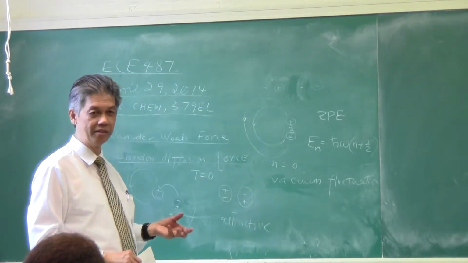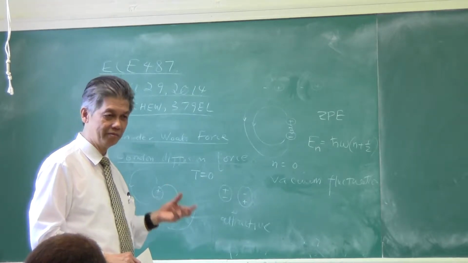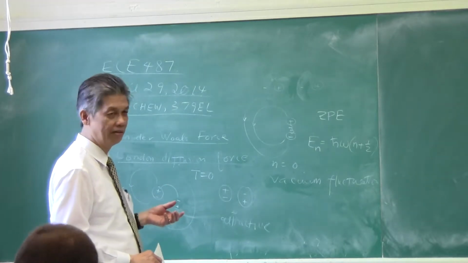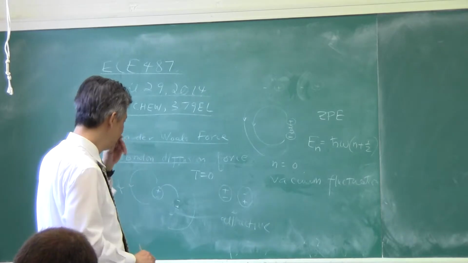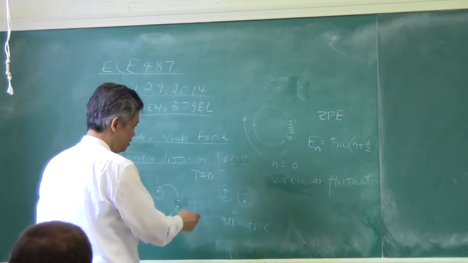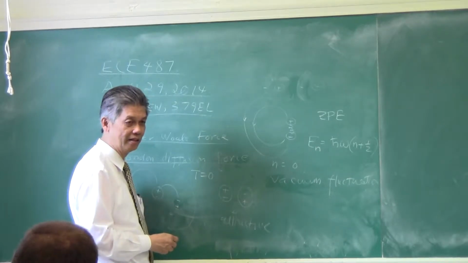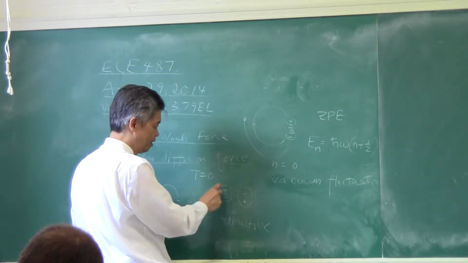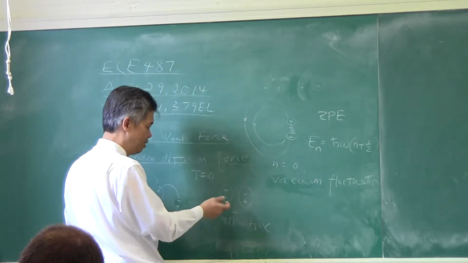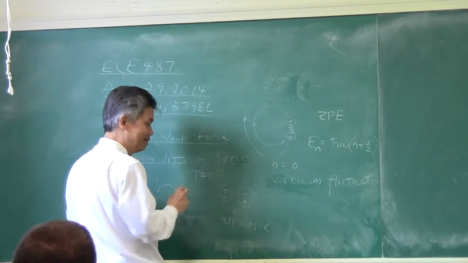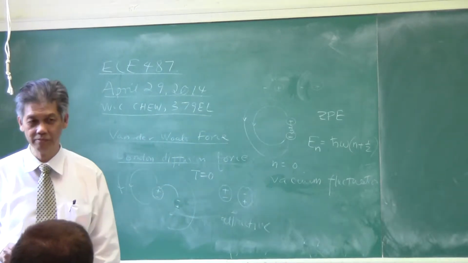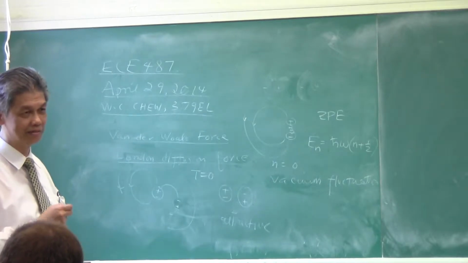This field has zero mean, but the mean of the square is not zero. Because the mean of the square is not zero, this fluctuating field can polarize the other molecule as well. And because this fluctuating field can polarize the other molecule, there remains an attractive force between molecules, even when you set T equal to 0.